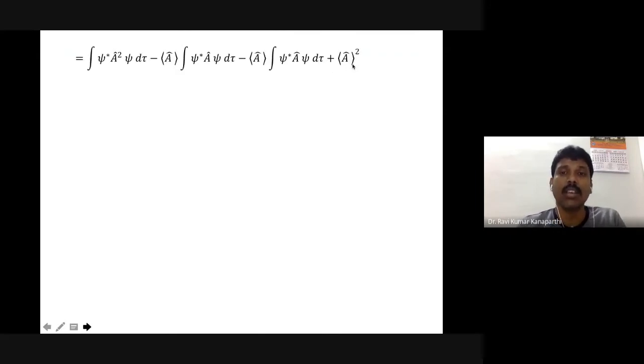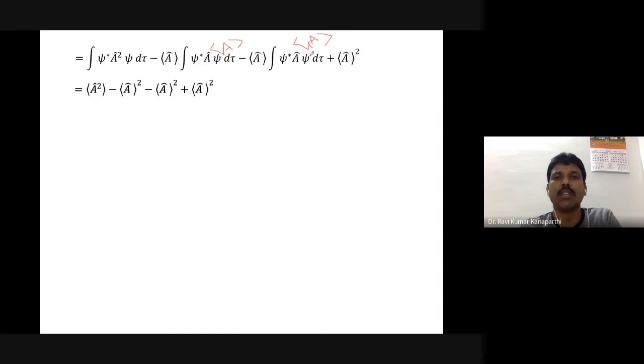As I told you, this quantity is nothing but the expectation value of A. Similarly, the third term is also the expectation value of A. Since outside there is an expectation value of A, and here also, we get expectation value of A whole square, and then plus the fourth term, which is just written there.